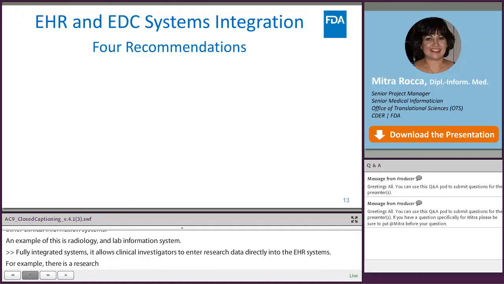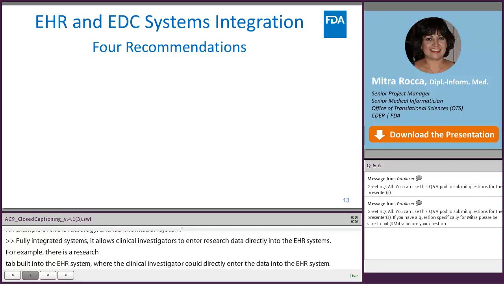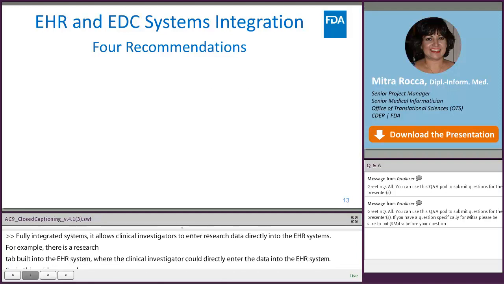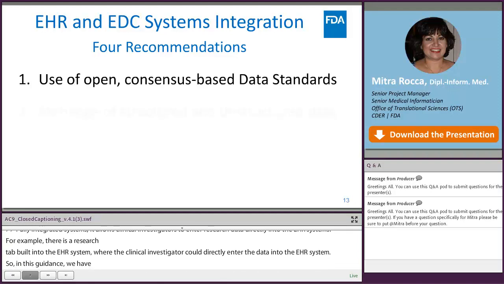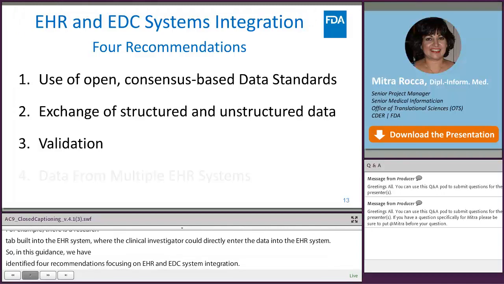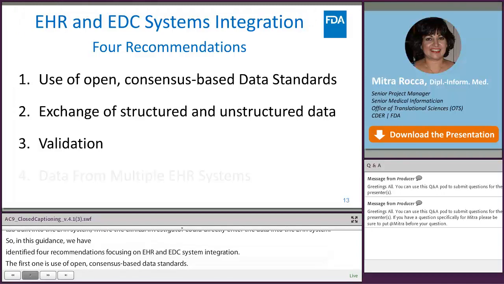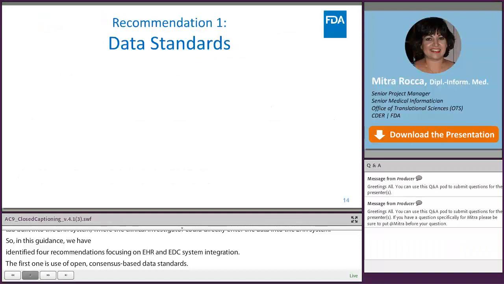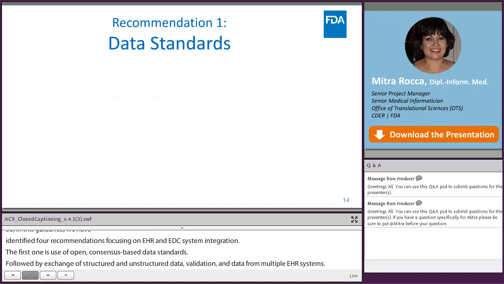So in this guidance, we have identified 4 recommendations focusing on EHR and EDC system integration. The first one is use of open consensus-based data standards, followed by exchange of structured and unstructured data, validation, and data from multiple EHR systems. So the first recommendation is focusing on data standards.